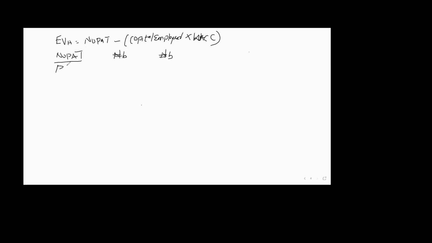I will start with my profit after tax. 2018, my profit after tax given is 17.75. Add depreciation. For 2018 depreciation, go and check your notes. Note number 1, 29.5.